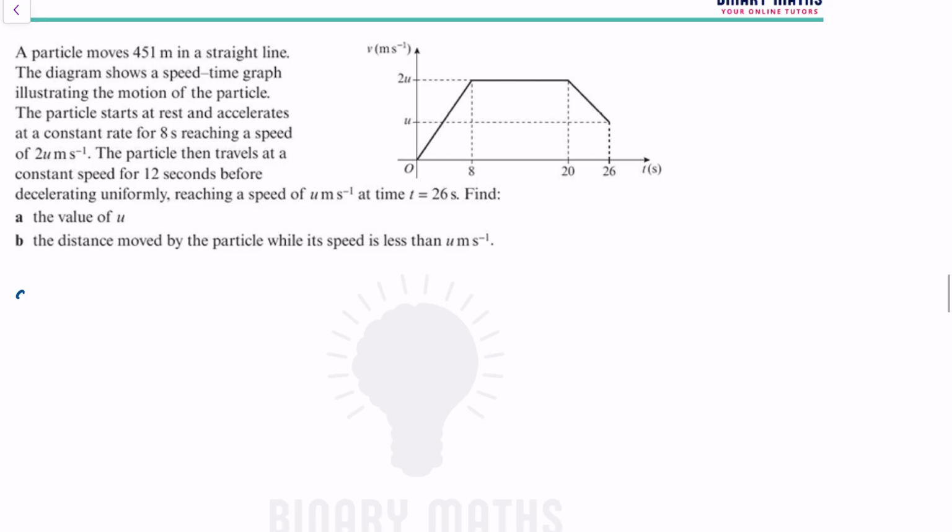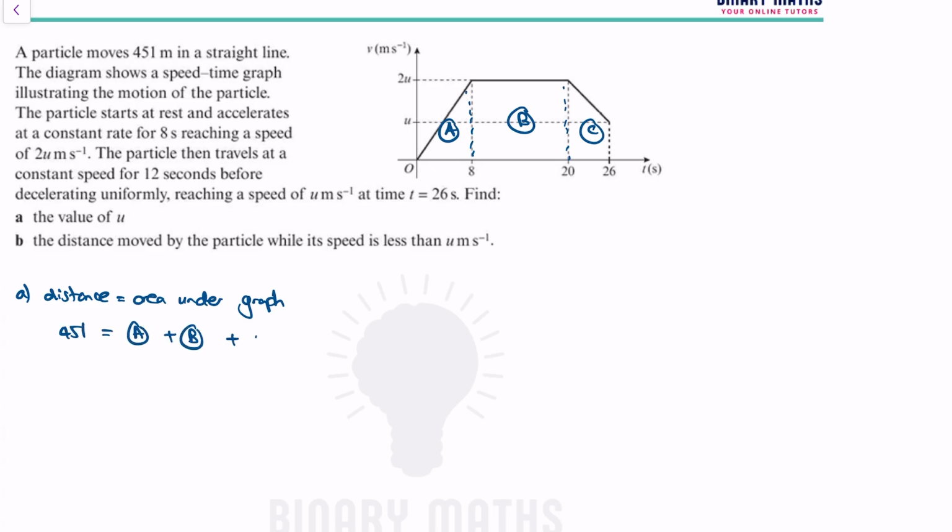So A, again, because we've been given the distance, we know distance is equal to area under graph. So if we split it up, it's A plus B plus C. So that means 451 is equal to A plus B plus C. So let's work out each one individually.